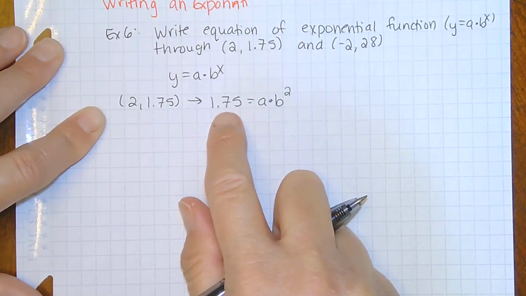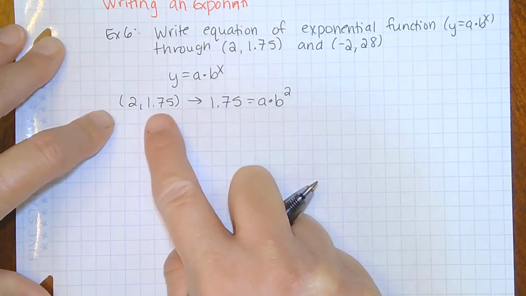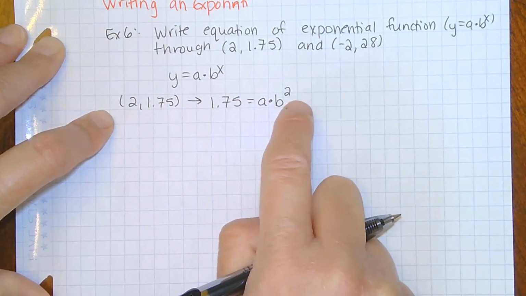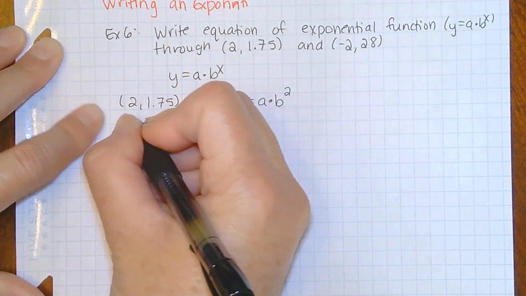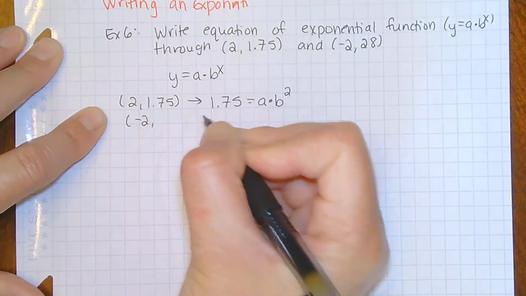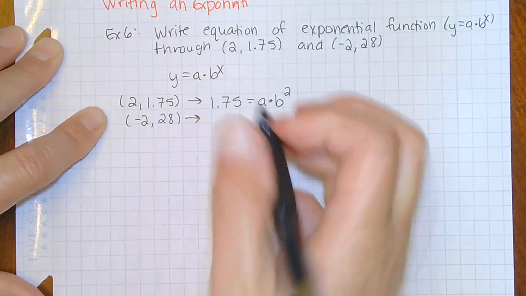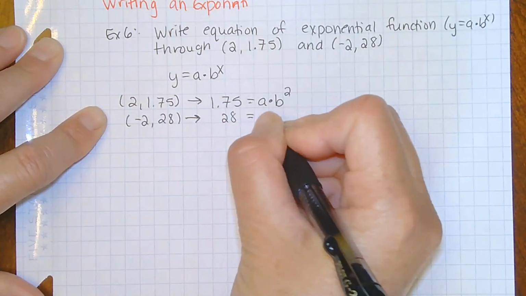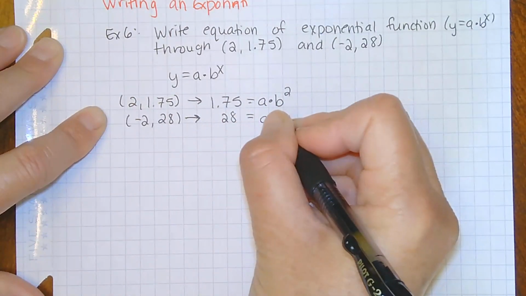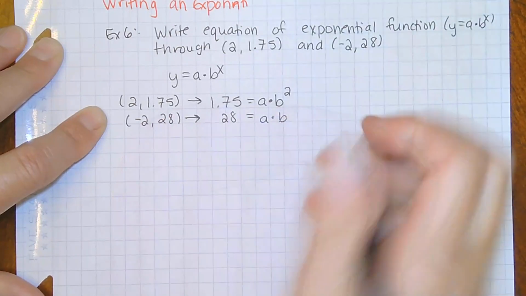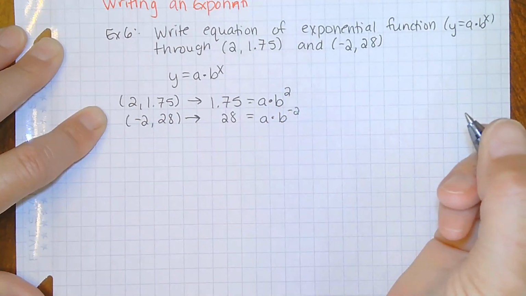Again, this went in for my y, and this one goes in for my x. And my next point is -2 comma 28. So my 28 is going to go in for my y, equals a times b, and then my -2 is going to go in for my x.